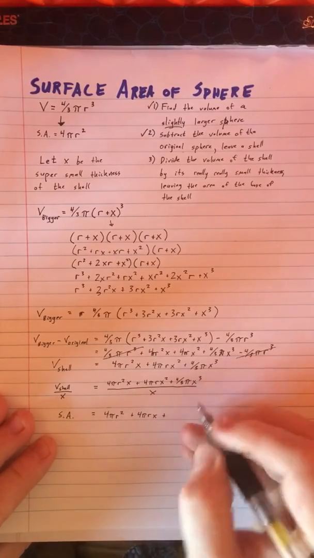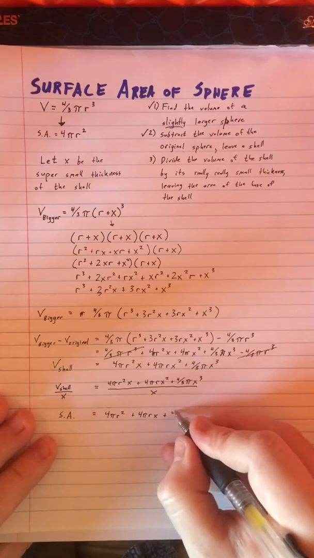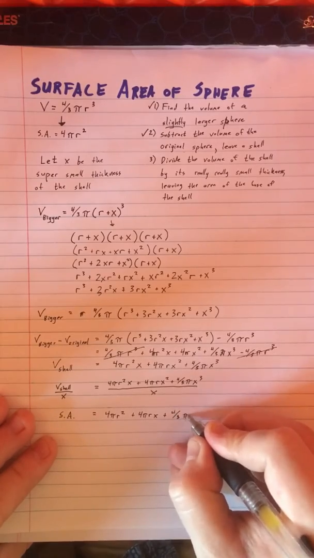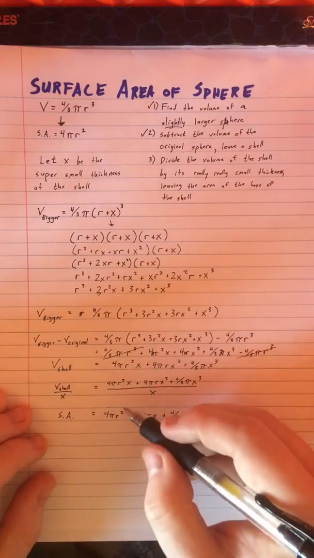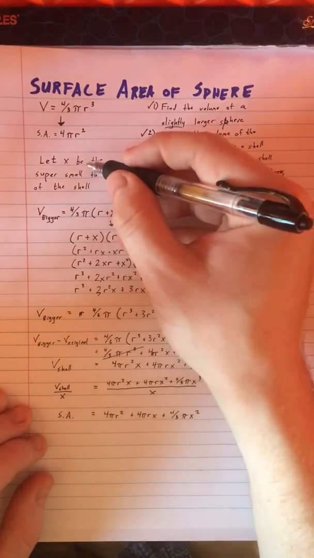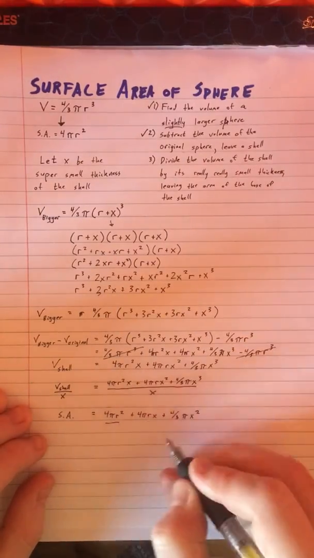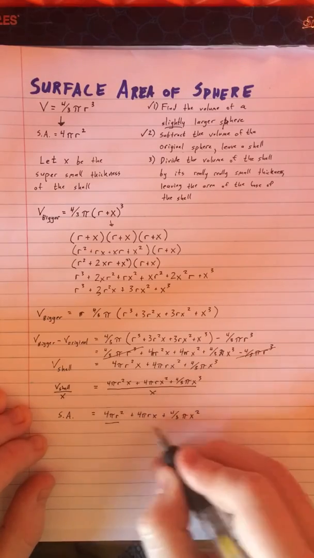And 4/3 pi x cubed divided by x is 4/3 pi x squared. All right, but this is not this. The first term is the same, but then we have all this gobbledygook over here.